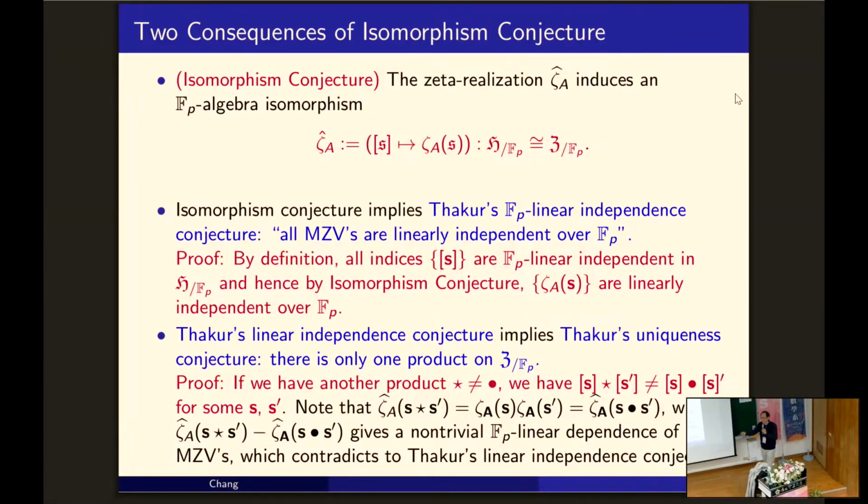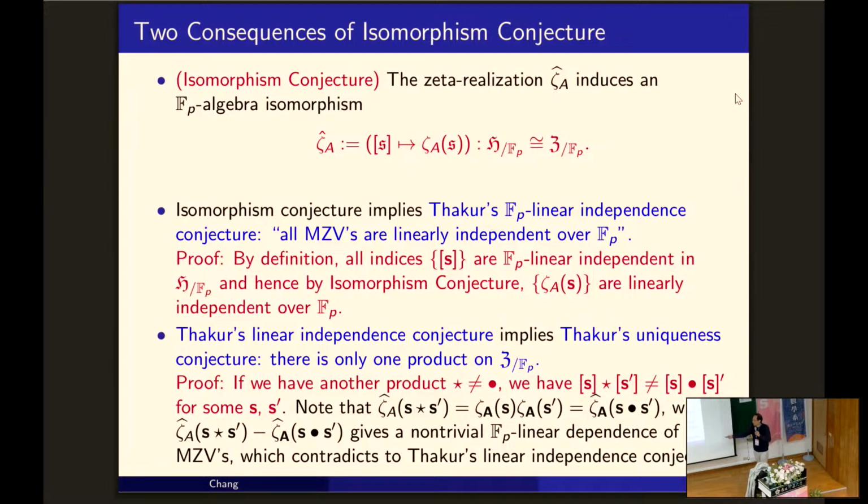In terms of the abstract space, in other words, there is only one product on this H over F_p. I explained that the isomorphism conjecture implies the linear independence conjecture. Now I explain that Thakur's linear independence conjecture implies the uniqueness conjecture. If this is okay, then the isomorphism conjecture would imply this conjecture.